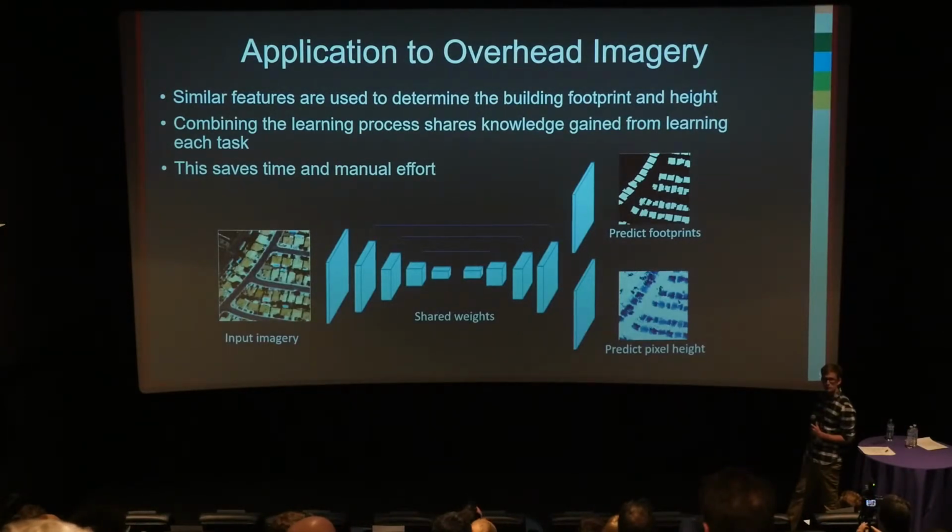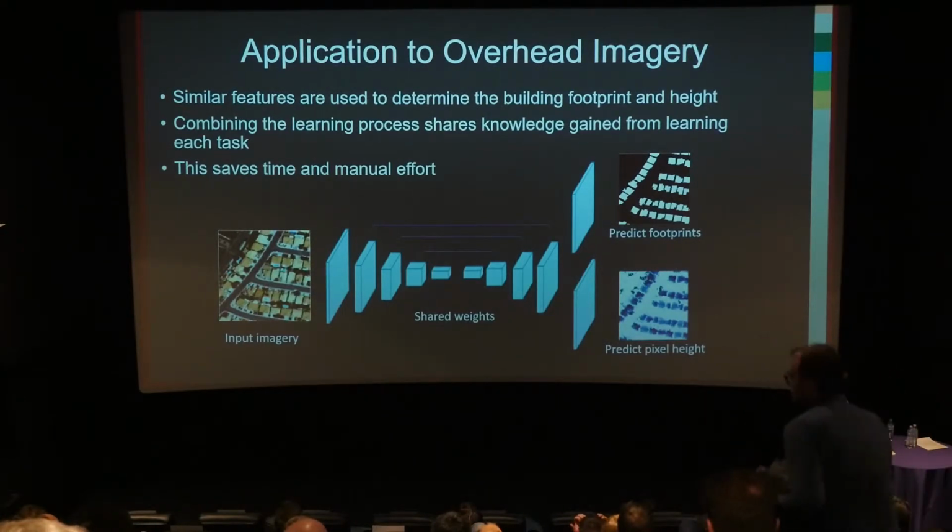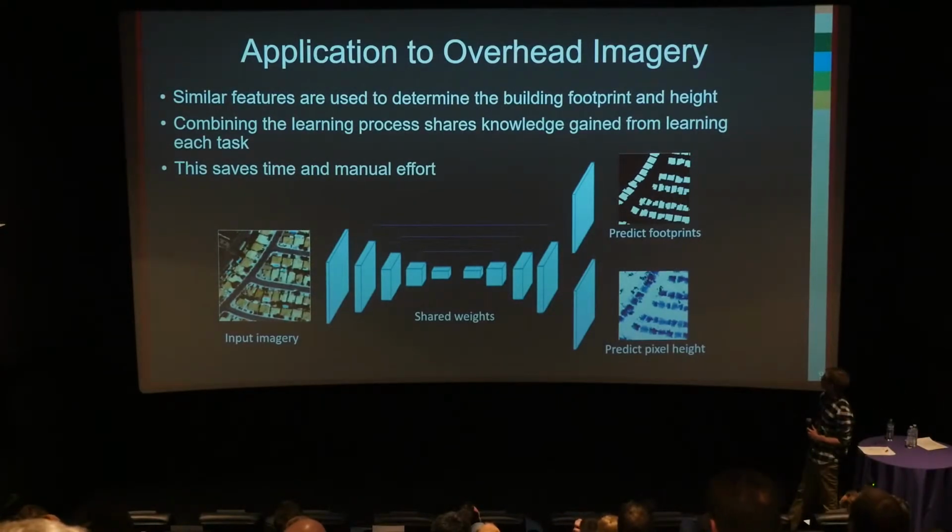A lot of the same features that are used for predicting buildings will also be used for predicting pixel heights. So I put those together into a single network that has two outputs. And this saves training time for one, and it also saves time in deployment if you were scoring over a large scale.